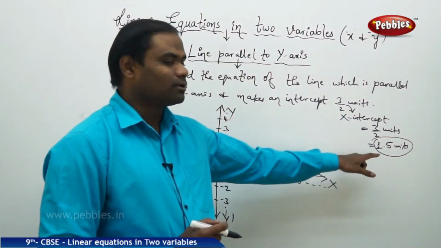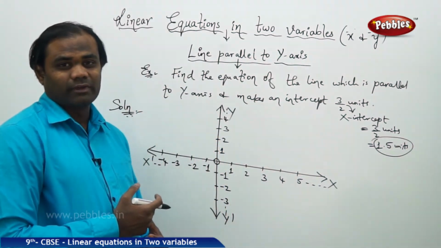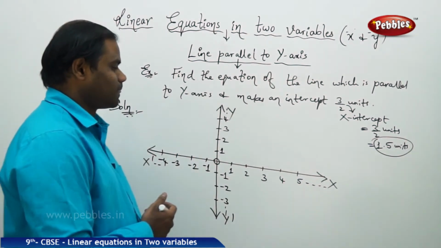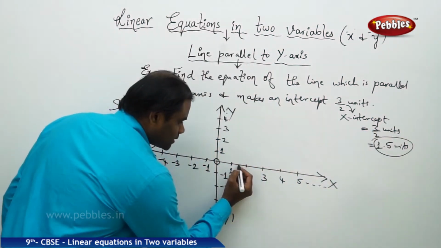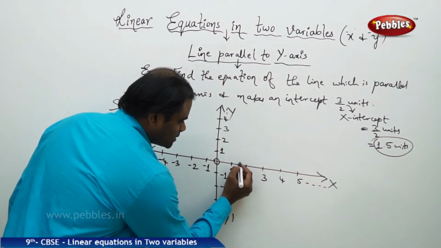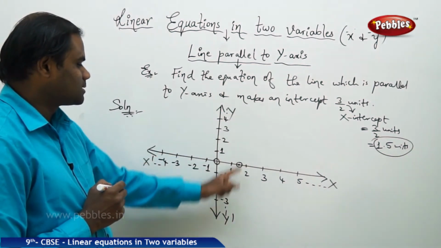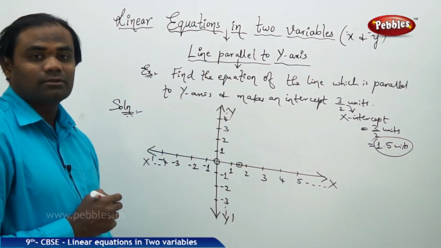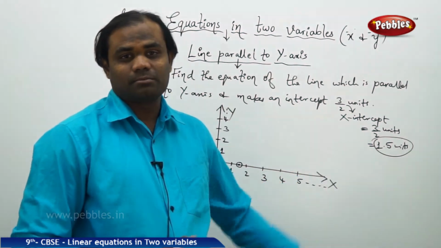So using the condition of x-intercept being 1.5 units, let's see how we can draw a line passing through x-intercept and parallel to y-axis. As we know that the value 1.5 units is clearly located exactly in the middle of 1 and 2, this is the x-intercept. And of course, the line passes through this point exactly in the middle of 1 and 2 and parallel to y-axis is how the question is analyzed through the Cartesian plane.